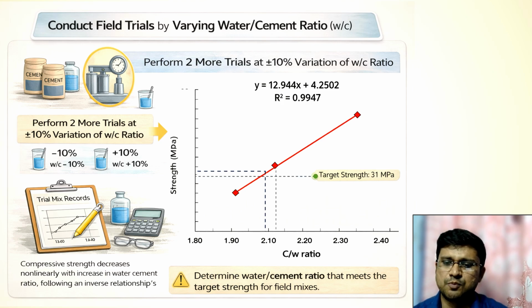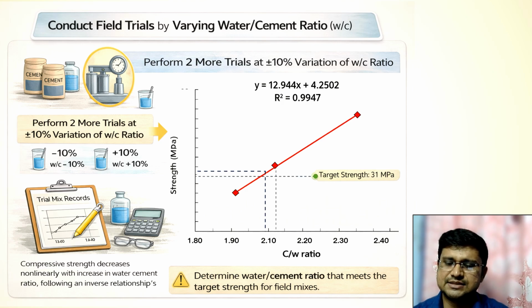Because when we started our problem, we assumed the water-cement ratio based on some graph given in our IS code. But that is not our actual graph. The actual strength versus water-cement ratio graph for our problem can be different. So what do we have to do? At that time, our code says that we have to do 2 more trials based on plus minus 10% water-cement ratio. So for one condition, our water-cement ratio is 0.47.